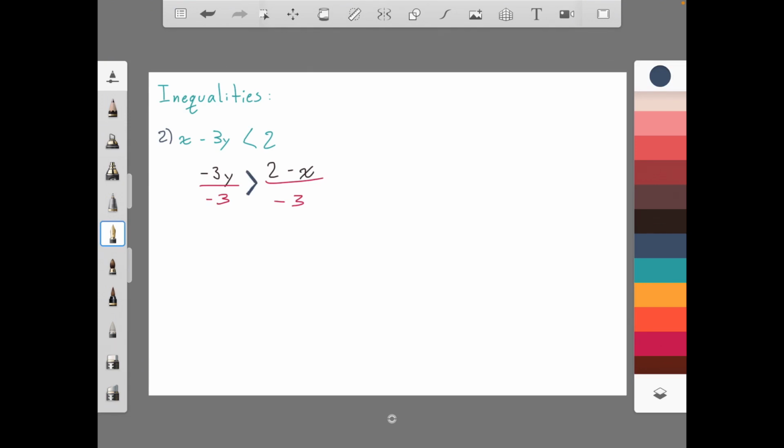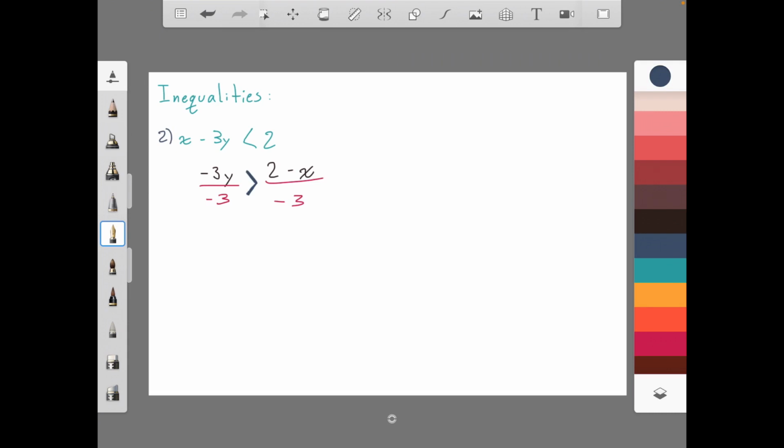However, you must know that whenever you're dividing both sides by a negative number, in order to isolate y or isolate a variable, this applies for inequalities. So only for inequalities, because it doesn't work with linear equations. So when you're working with inequalities and you have to divide both sides by a negative number in order to isolate the variable, you have to flip the inequality symbol.